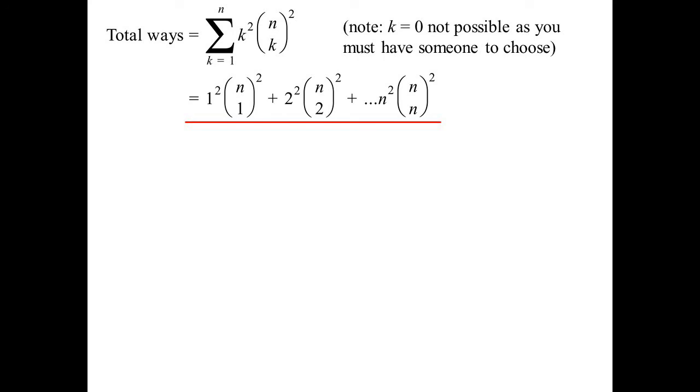Now, I suppose if you didn't think about k equals 0 not being a possibility, it wouldn't matter, because in your general term you would have written 0 squared times nC0 squared, and 0 squared is 0, so it would go away anyway.